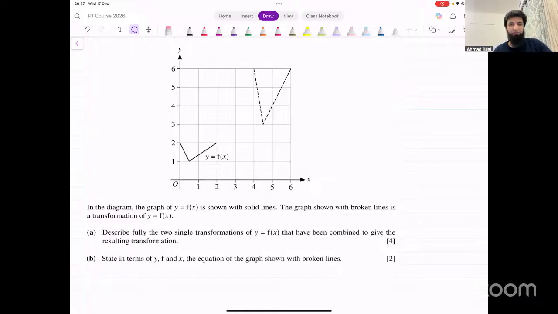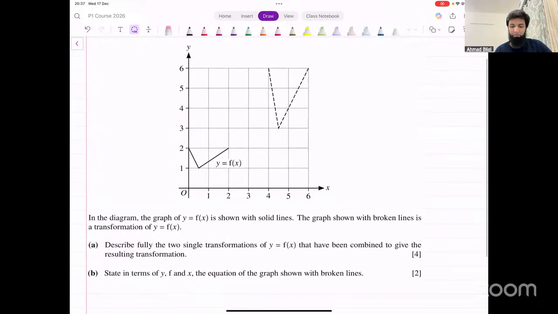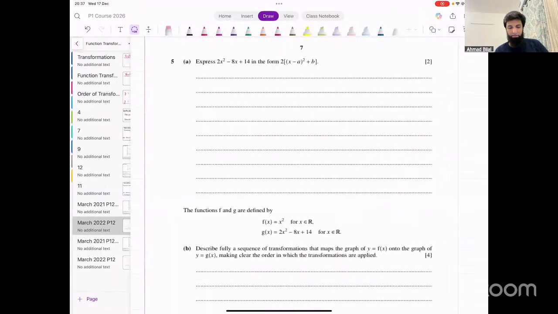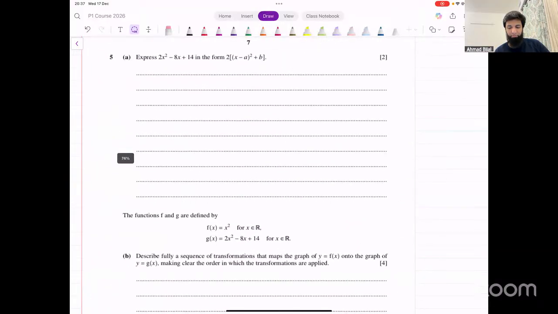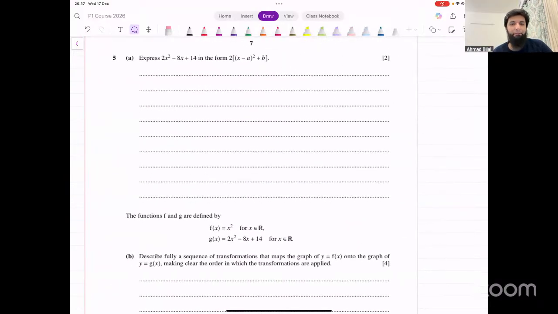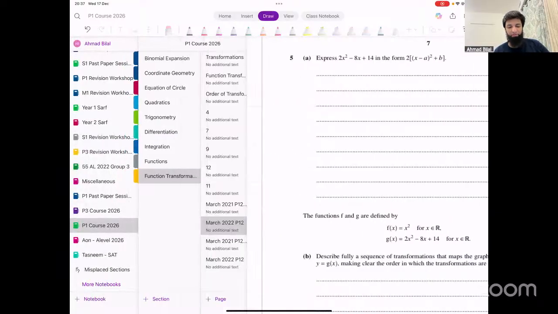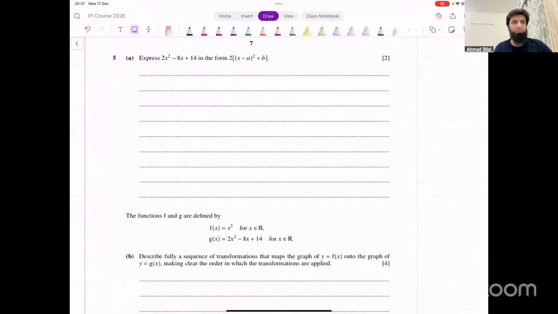You need to try this question that you have on your screen right now. Okay, and then this one as well. You can take a picture of this as well. Okay, make sure to do this. I've added their solutions to the notebook as well. All right.